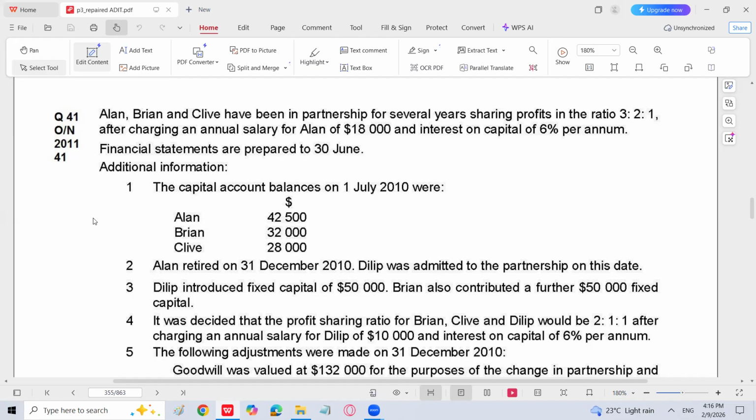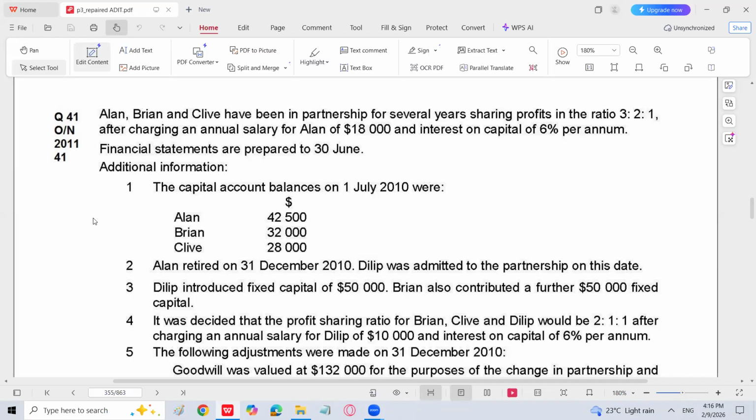Number two, our financial year starts from 1st July 2010 and ends on 30th June 2011. It means that the partnership change is going to occur after 6 months. So Alan is going to retire not at the start or at the end of the year, but during the year, after 6 months. And Dilip is also admitted after 6 months.